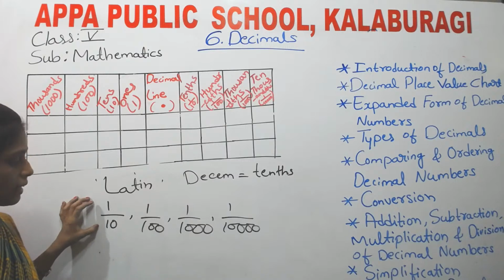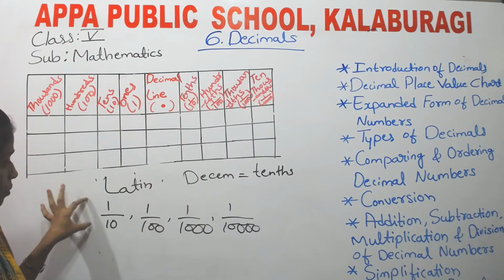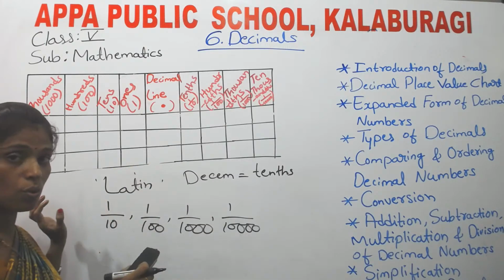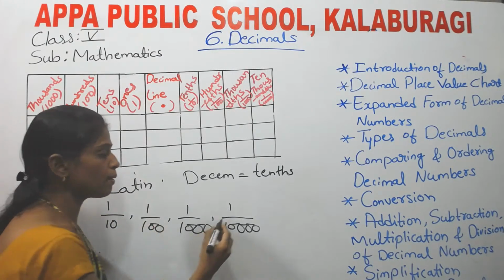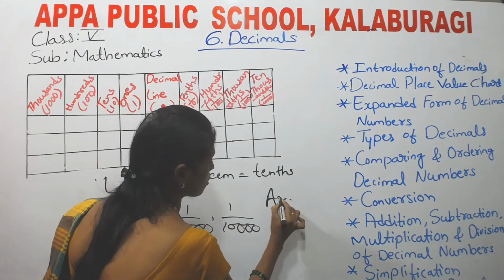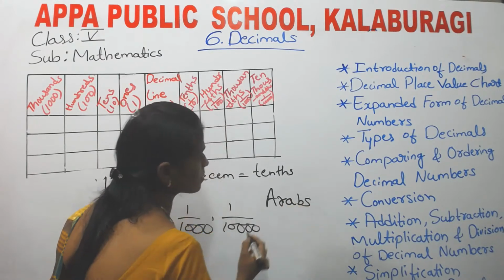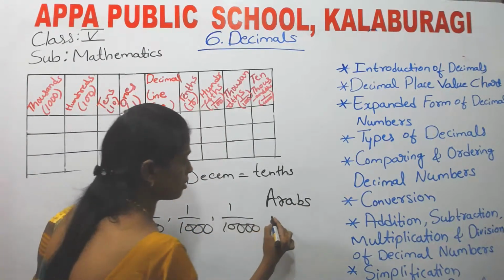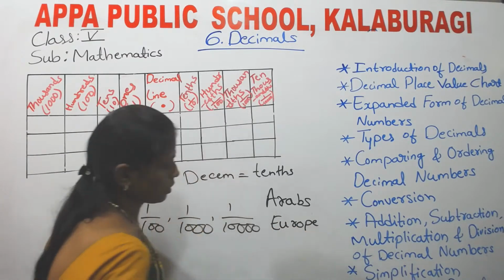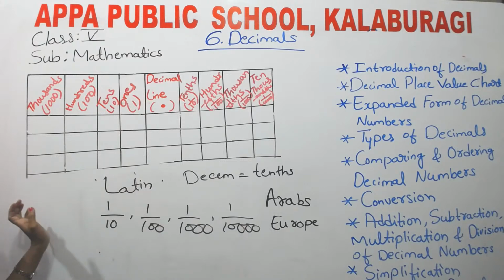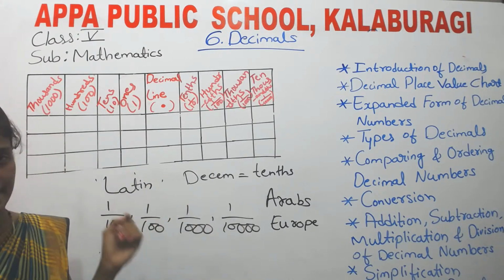This word decim was used first in India. After that it was taken up by Arabs and introduced in Europe. Here we are using it as decimals.